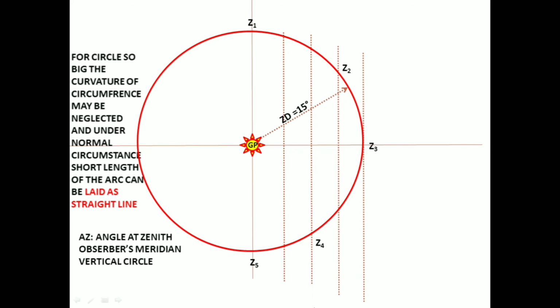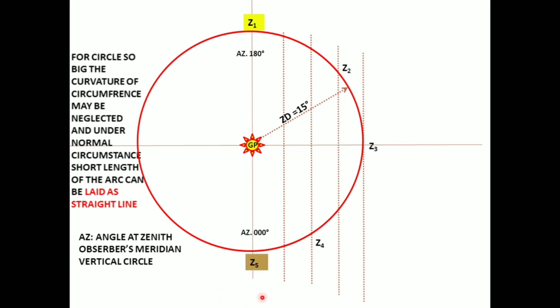Now, what is different here is the azimuth of this body from different observers. Azimuth is what? It is the angle at the zenith between the observer's meridian and the vertical circle passing through the body. Now here it is 180. So for an observer at Z1, the azimuth would be 180.